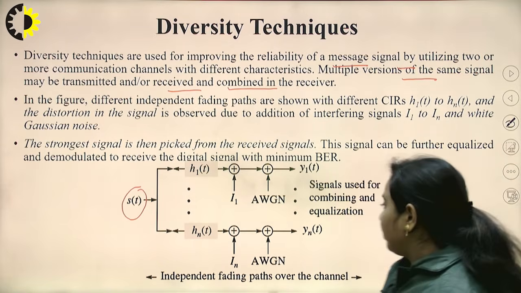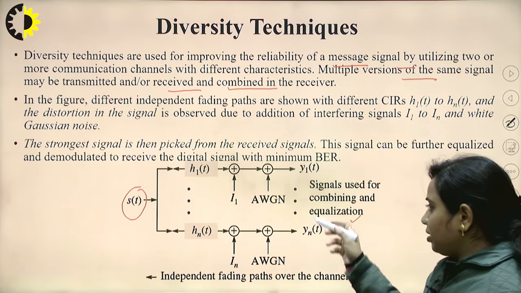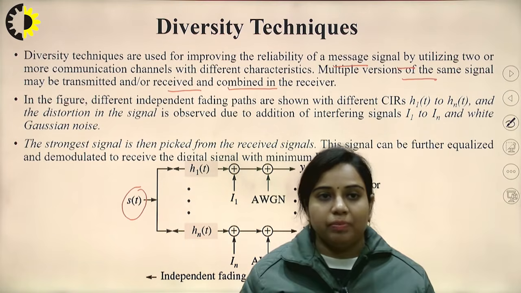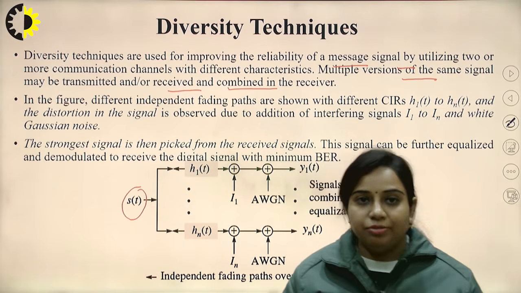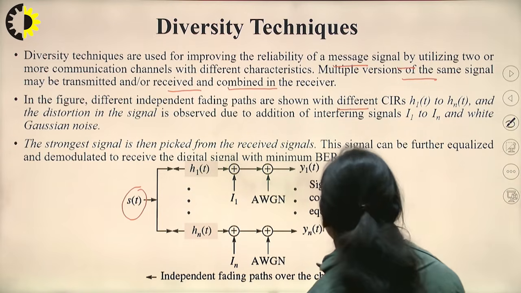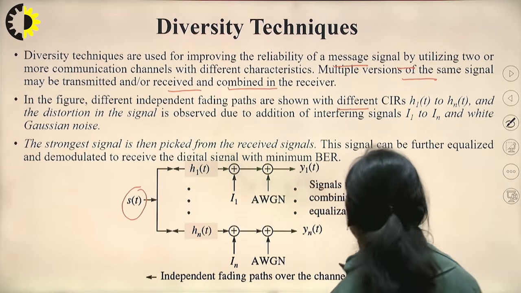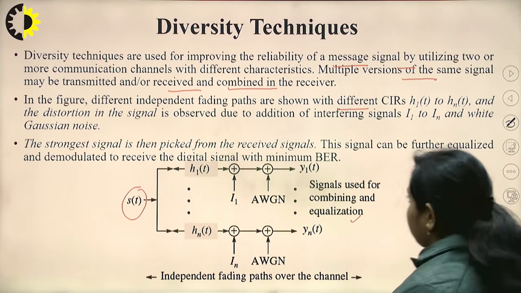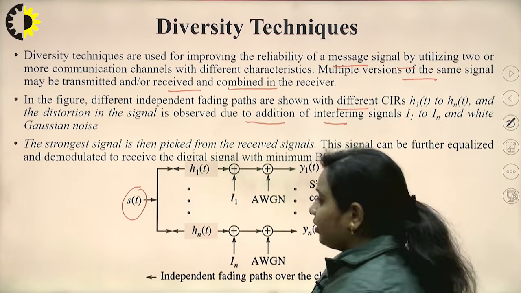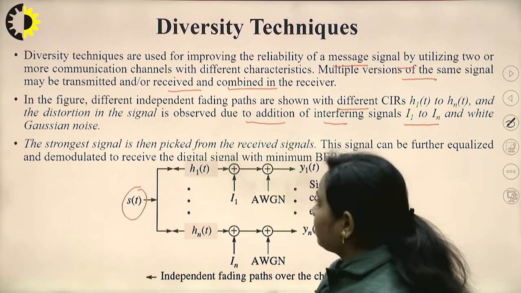You can see here that these signals are used for combining and it is used for equalization. These are the n number of signals that will be generated after passing through multiple paths. In the figure, different independent fading paths are shown with different CIRs, that is carrier to interference ratios, H1T to HNT, and the distortion in the signal is observed due to the addition of interfering signals, I1 to IN, and white Gaussian noise.